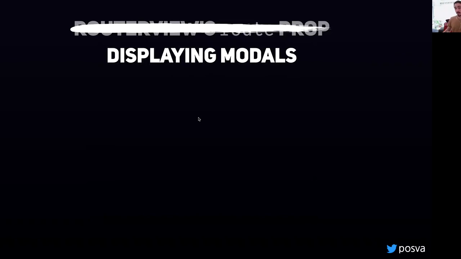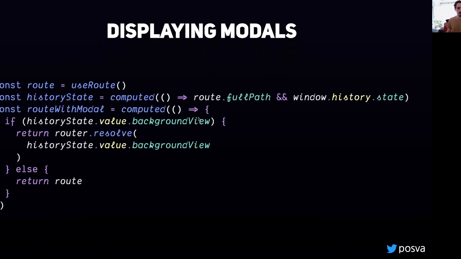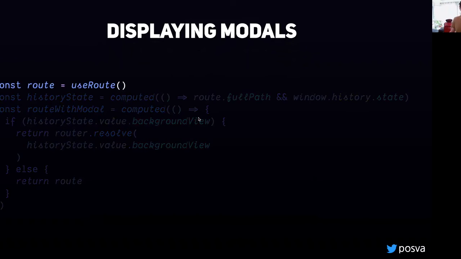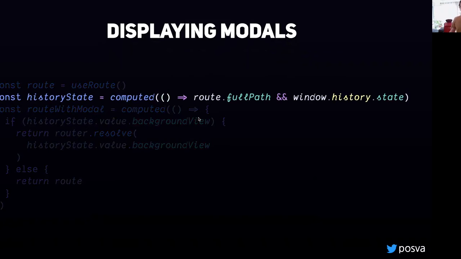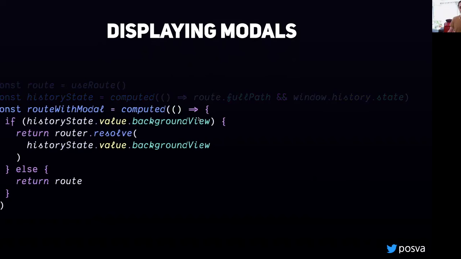And so you can do modals with some code like this. You start by having this useRoute somewhere that you use. Then we create some kind of computed on the history state. So we observe the route full path to see if it changed, and then we retrieve the history state. This is a small hack to give us a reactive version of the history state. And then we have this computed version of the route that will display a modal. So we read the history state.